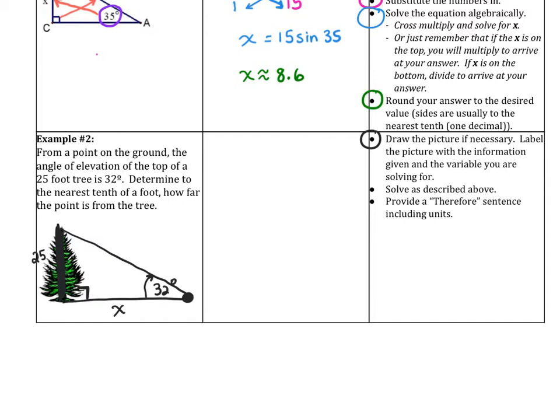Now what we're going to do is mark our reference angle. So our reference angle is the angle of elevation of 32 degrees here. Now label the two sides, the side we know and the side we're trying to find out. So the side we know is opposite our reference angle, so that's the opposite side. The side we're trying to find out is the adjacent, because this side is opposite the right angle, so this is the hypotenuse, which means that this side is the adjacent.